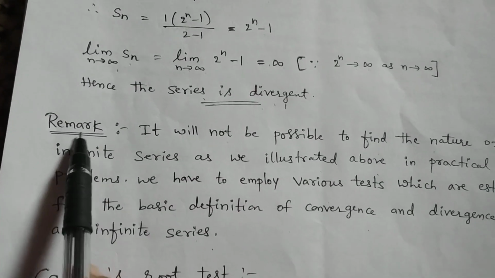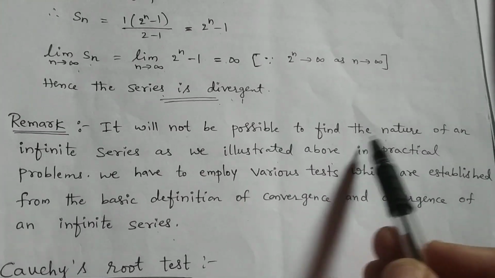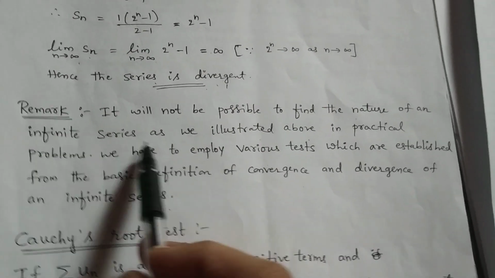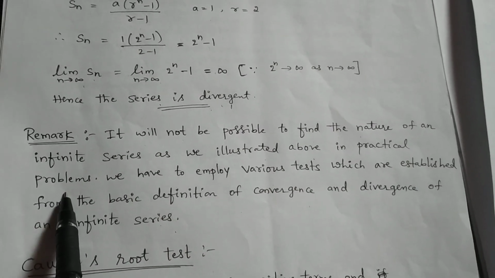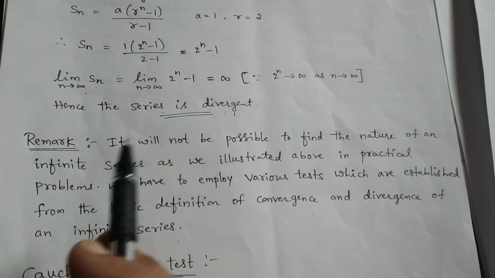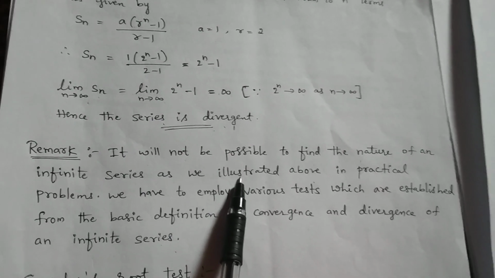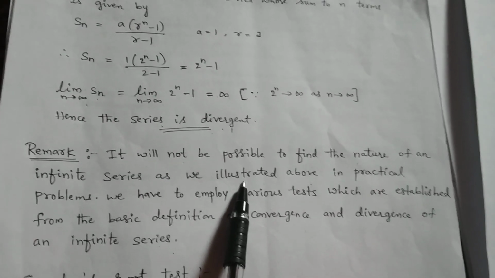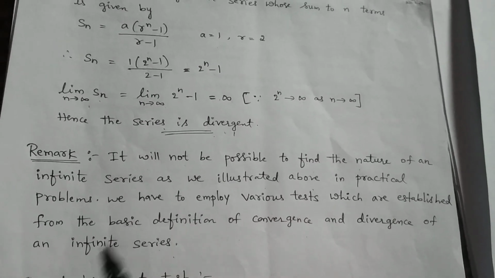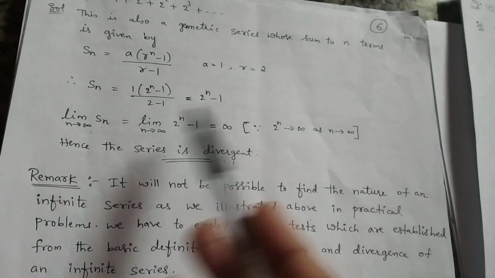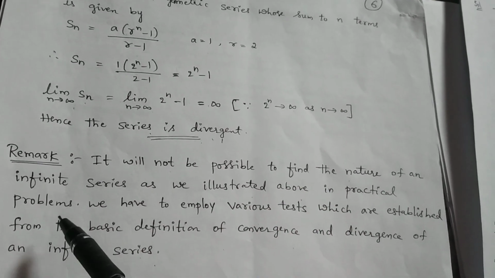Now we have a remark. It will not be possible to find the nature of an infinite series as we illustrated above in practical problems. Suppose you have some infinite series, it is not easy to find whether it converges or diverges as we did in the previous problems, whether by a graphical method or by using the definition.